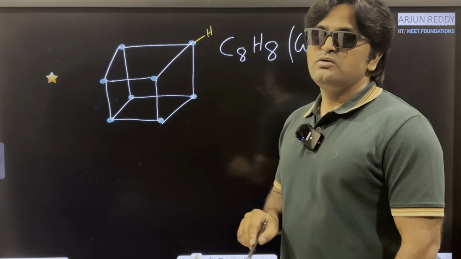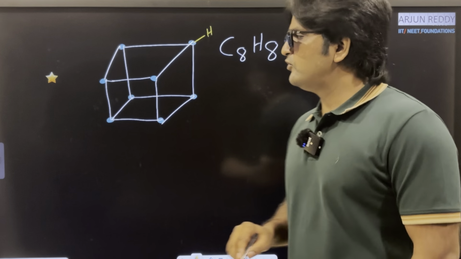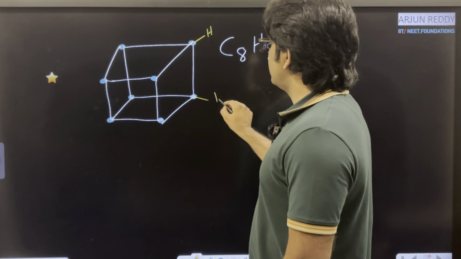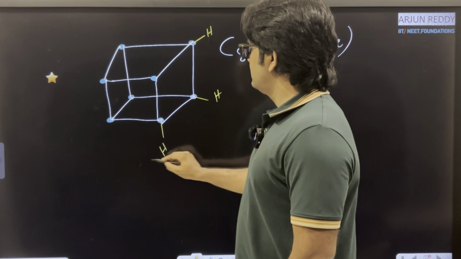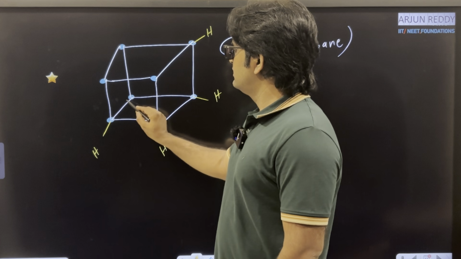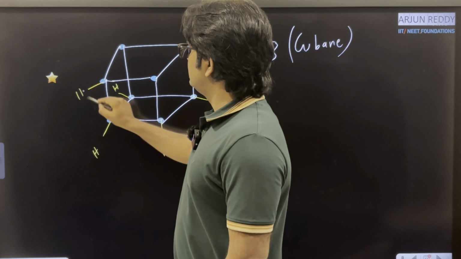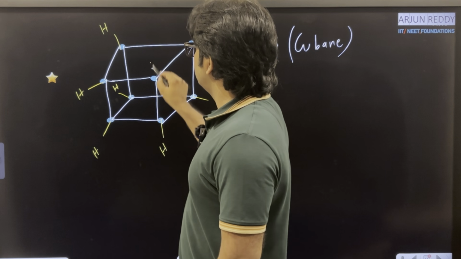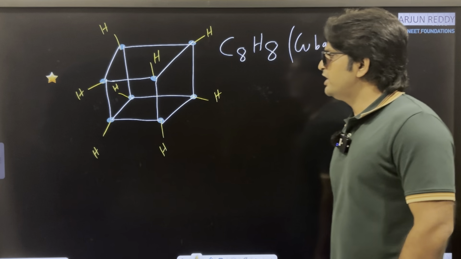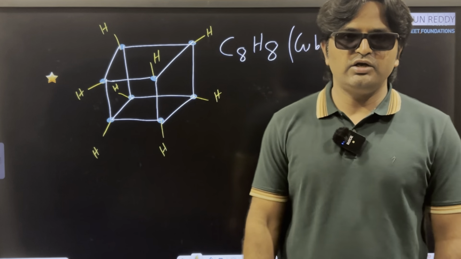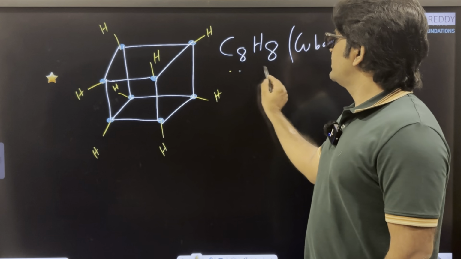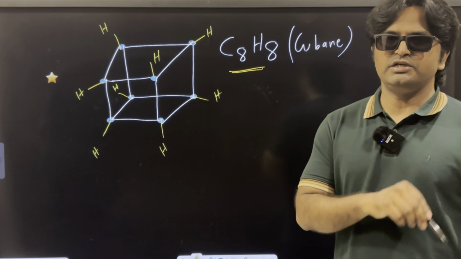Why? Because what is the valency of carbon? 4. That fourth valency is satisfied by hydrogen. Here also the same thing: hydrogen, hydrogen, hydrogen, hydrogen. Totally how many hydrogen atoms are present? 8 hydrogen atoms. Now this is our molecular formula, C8H8.